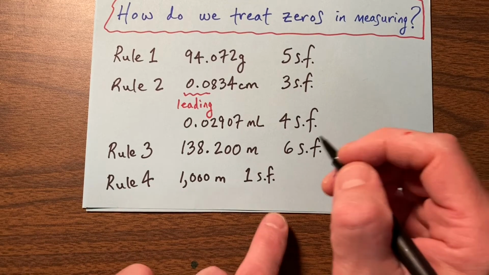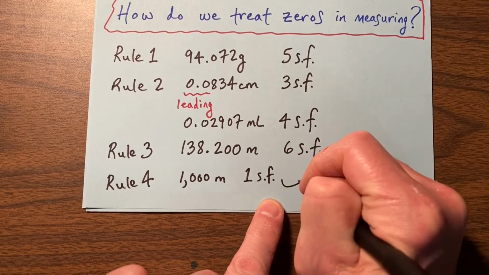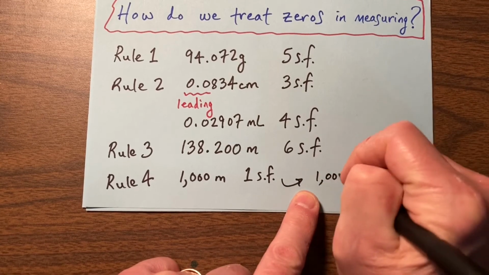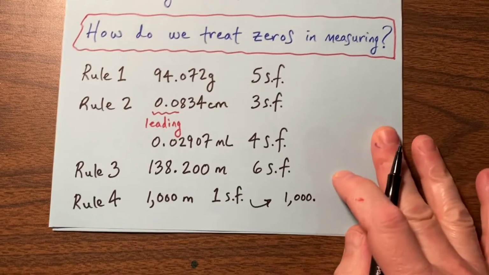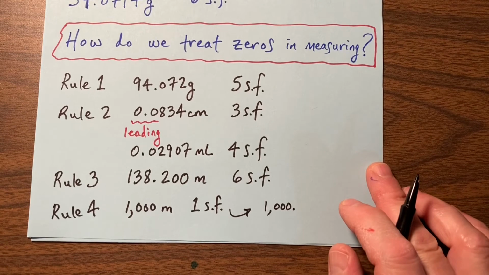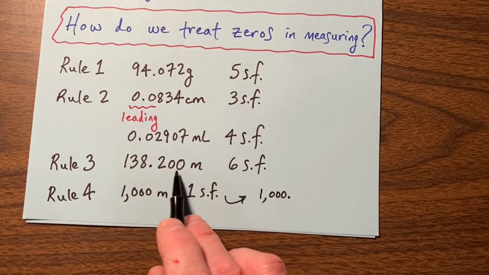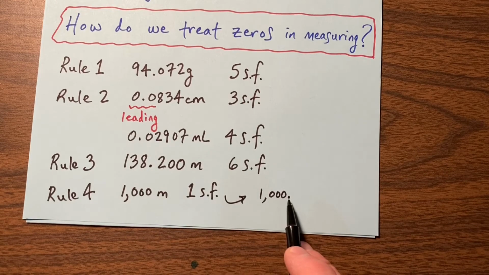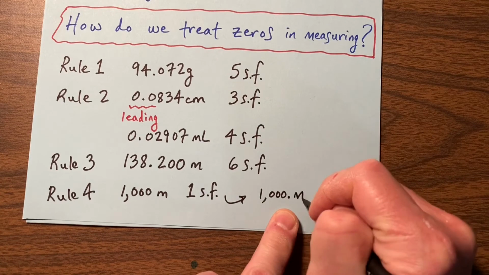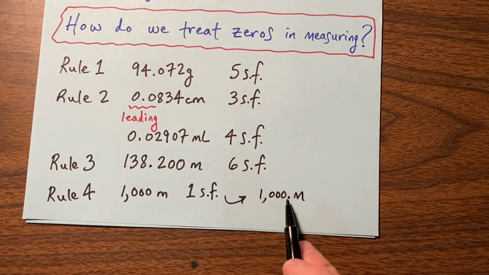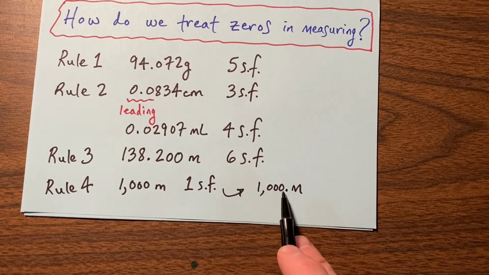So if I change that to the number 1,000 with a decimal place, now that zero is kind of like this zero here. It's put there for a reason, and the decimal place tells me that the zeros are significant. So whatever device, let's say it's meters again, maybe I used a measuring device that allowed me to get exactly the units place.